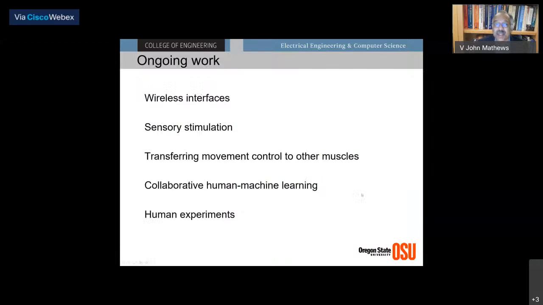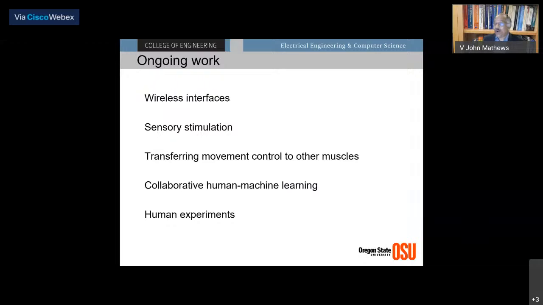Now, what's going on at this time in our labs and our collaborators' labs? We are working on wireless interfaces and sensory stimulation. I showed you none of those results, but we have some results that have been published already that show that if you do sensory stimulation, you actually get better control of the system too.